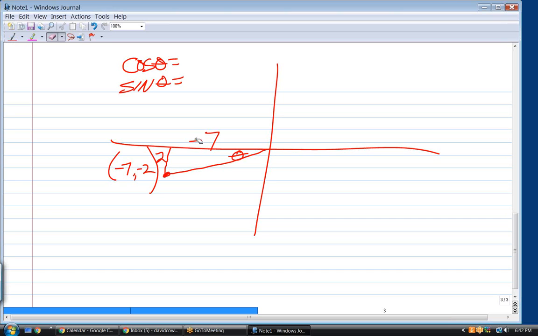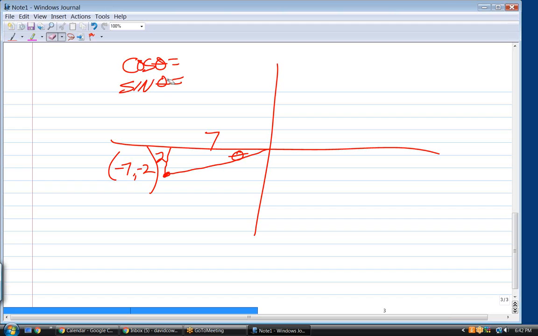If I'm talking about this triangle here, then a triangle has to have positive dimensions. It's true that the x goes in the negative direction and the y goes in the negative direction. So we can figure out what cosine and sine are going to be.